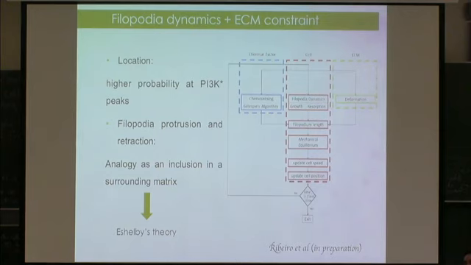Using the Eshelby theory, we can simulate the growth of the filopodia like an increase of temperature, or the retraction of the filopodia using a decrease of temperature. And using the formula of Eshelby, we can simulate the stresses on the extracellular matrix. So in this way, the analysis is very, very quick. So we have this scheme, we have the chemical factor, the cell, and how the extracellular matrix is deforming.